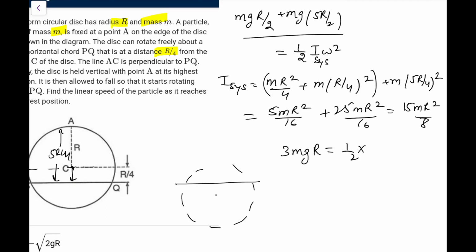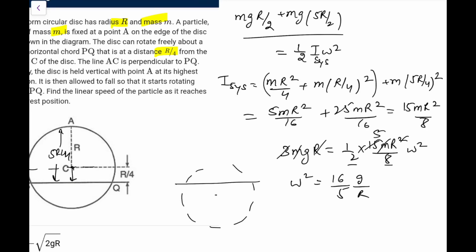So putting this in, what we get, 1 by 2 plus 5 by 2, 3 mgr is half into 15 mr square by 8 into omega square. So m to m, r to r, so omega square is 16 by 5 g by r, that is what I am getting.